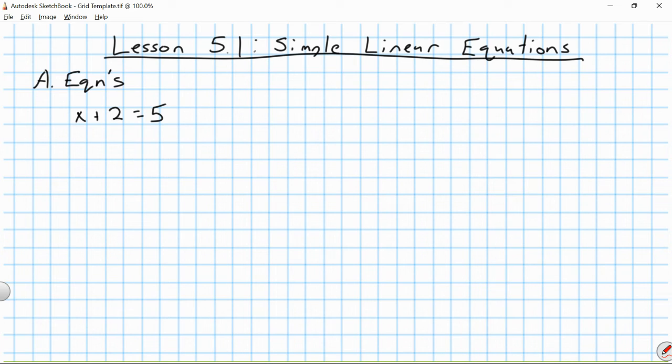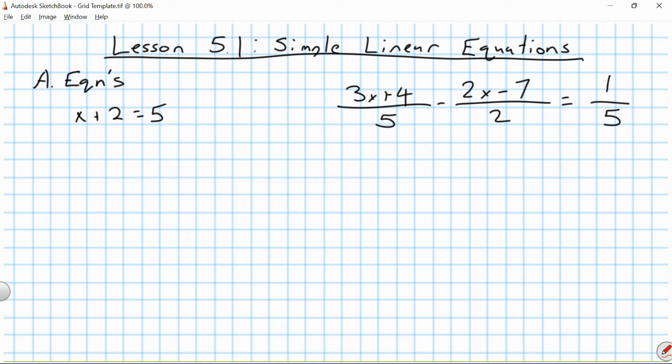And you're saying, oh, well, this is 3, obviously, right? 3 plus 2 is 5. And it is obvious by looking at it. But we also need a method of solving these equations. Now there is some number, only one, that makes this equation true.